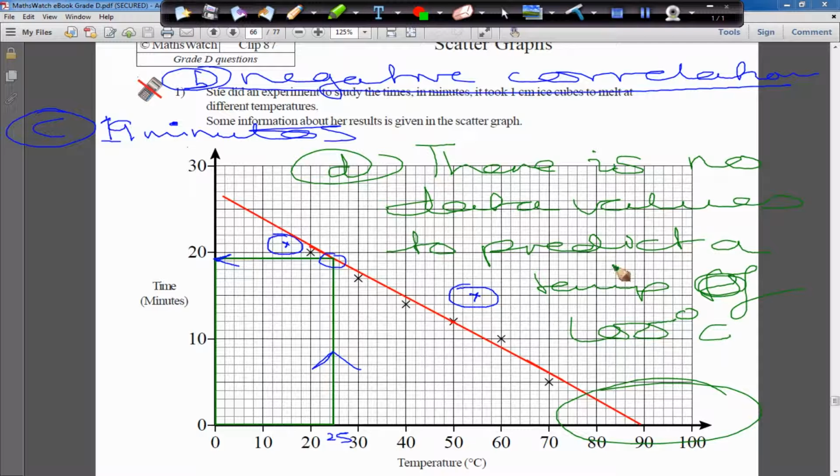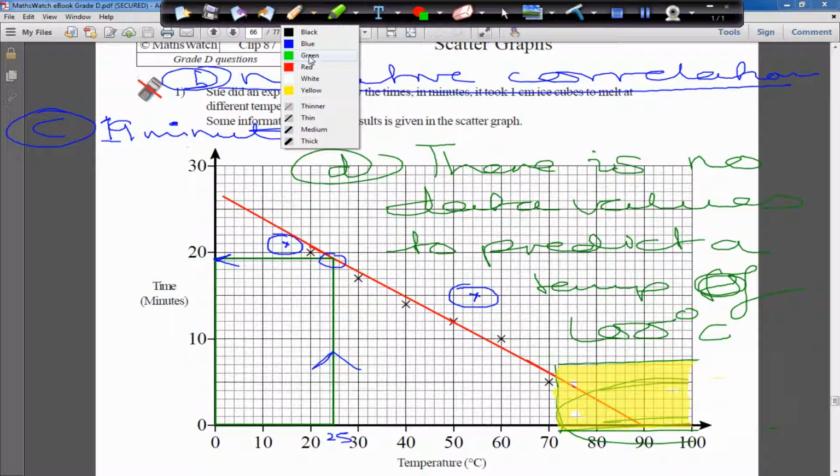There's no data values to predict it. As we said before, there's no data values to predict a temperature of 100 degrees. I think we need to be a bit more specific here.